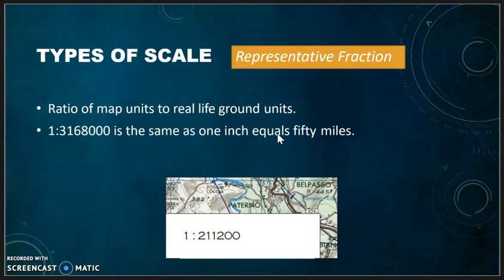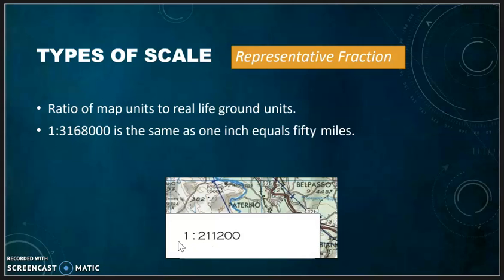If we look at the slide here, this representative fraction would mean 1 Oreo on the ground would equal 211,200 Oreos, or sorry, 1 unit on the map, not the ground, the map, would represent 211,200 Oreos on the ground.